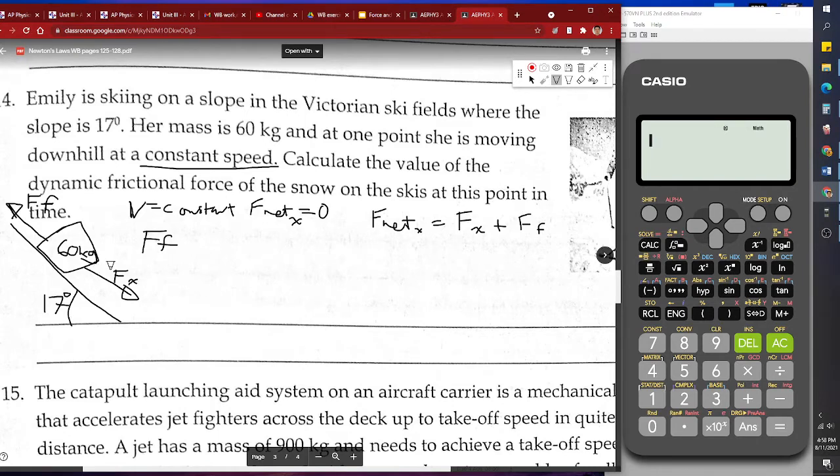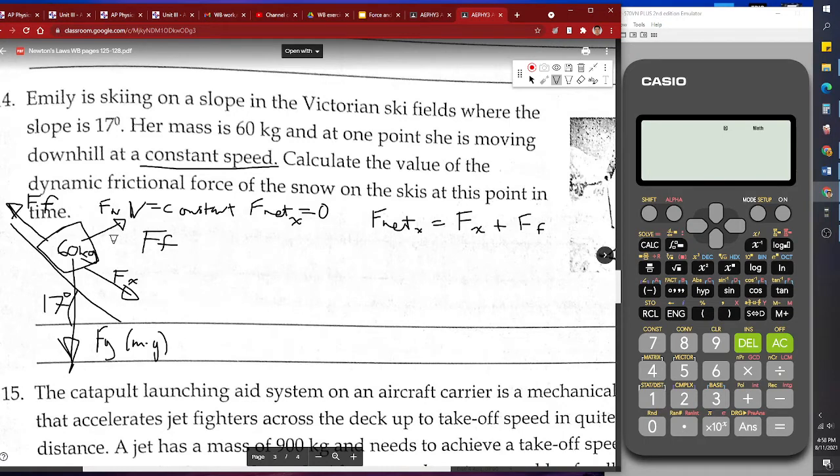In this situation, we're talking about a mass affected by gravity, so let's take a look at the forces acting on this. It's not just those two forces. We have two other ones: gravity, Fg, which we know is mass times the acceleration of gravity, and because this skier is on a surface, we also have the normal force.